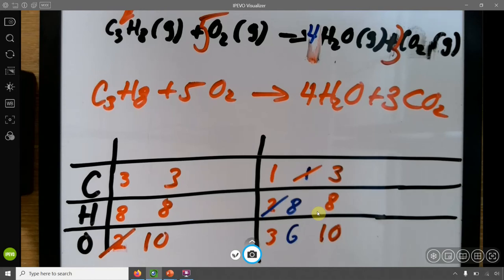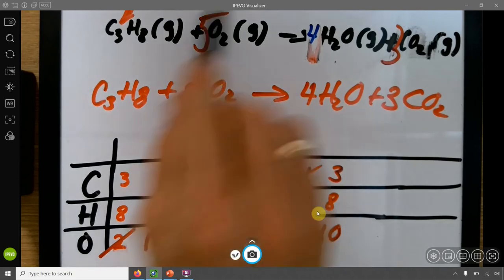The other take-home message I want to convey here is, you noticed I seem to willy-nilly pick a hydrogen first, and then I picked carbon, and then I picked oxygen. I had some method to my madness.